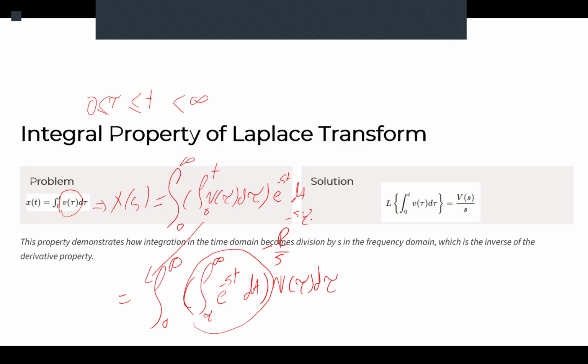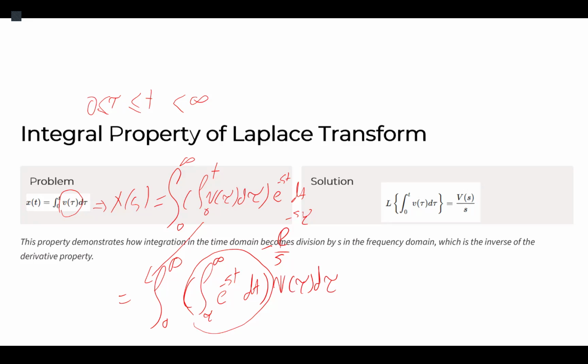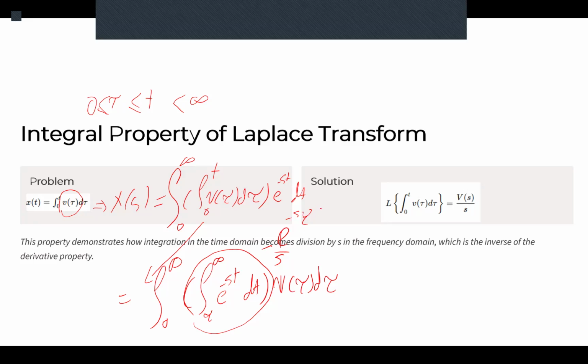Now it's from tau to infinity. If you do that, the infinity is going to be 0. The 0 is going to be 1 over s, so this minus would be canceled out basically. Now, here we have v tau.